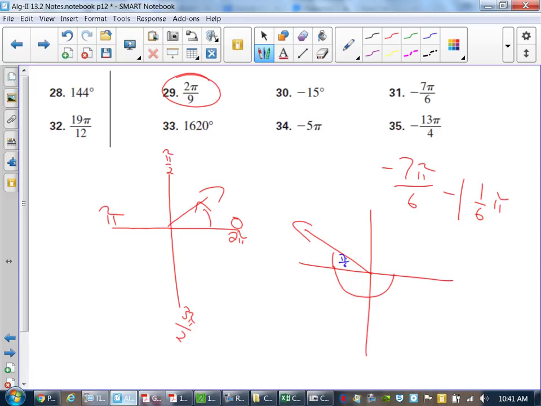Now, whenever I'm moving these angles in standard position, I never really worry about labeling how far I am up off the x-axis in the first quadrant, because my angle is how far it is off the x-axis in the first quadrant.